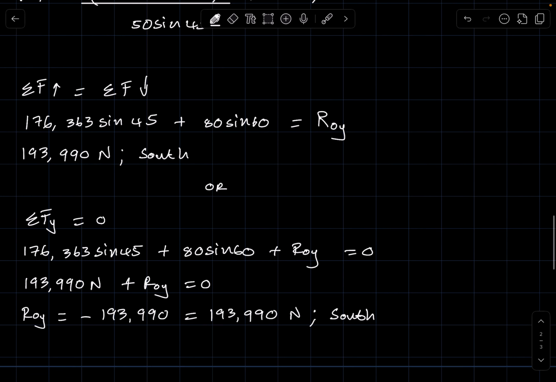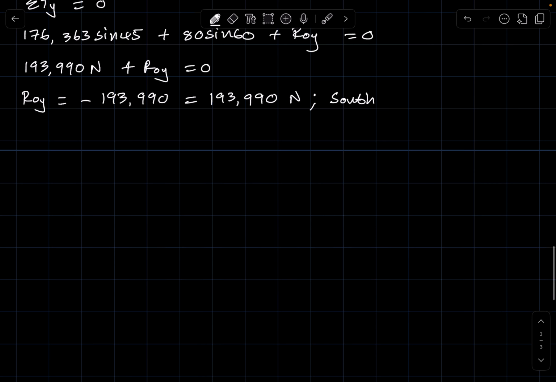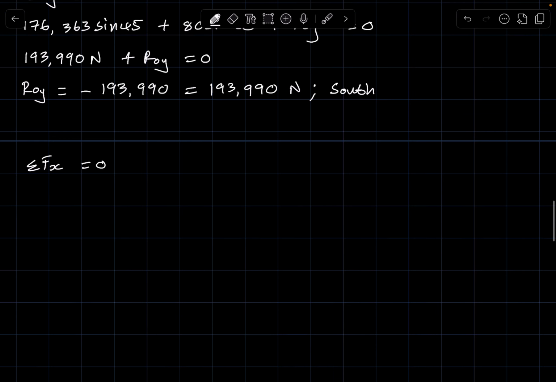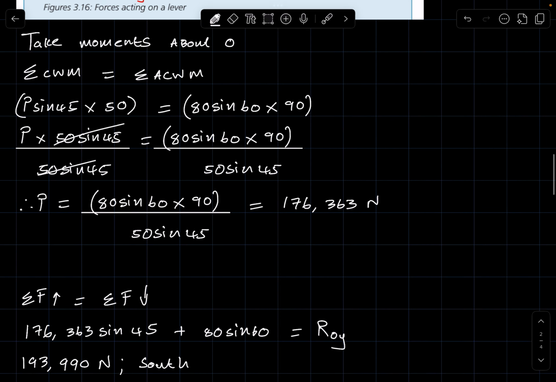The simplest one that we can apply here is the sum of forces in the x direction is equal to 0. Whichever condition of equilibrium you apply at this point will essentially give you the same thing, but this is the approach I am going to take.